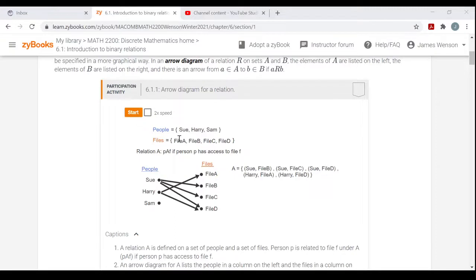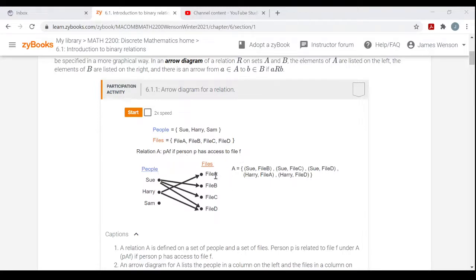All right, so they give this example here. You can play the animation, I'll just read it off. So I've got this set of people, Sue, Harry, and Sam. You have this set of files, file A, B, C, and D. And the relation, they say pAf: a person is related to a file if person p has access to file f.